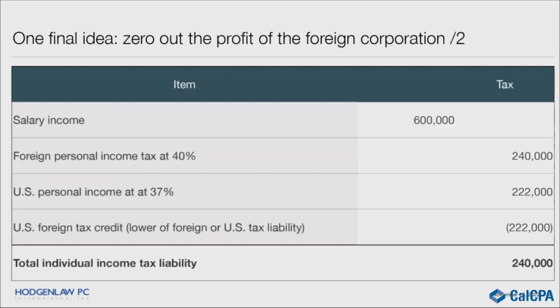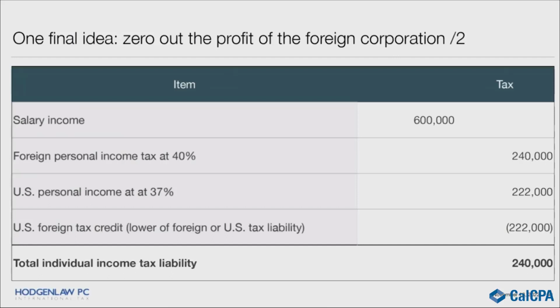Second thing is, what happens on the corporate side? Zero corporate tax. And what happens, we just zeroed out the Section 951(a) income. So the corporate side is a wash. Now we've got a human being with $600,000 of salary income. What happens? Under my highly simplified example, we've got foreign personal income tax liability at 40%, $240,000. We have U.S. personal income tax rates at 37%, so $222,000.